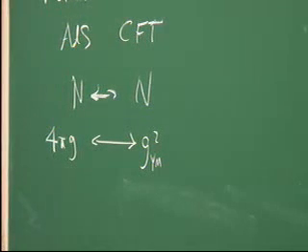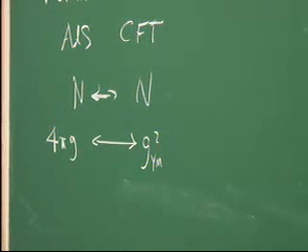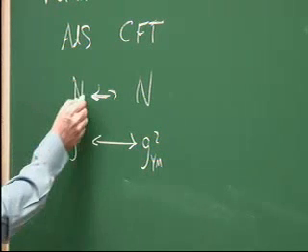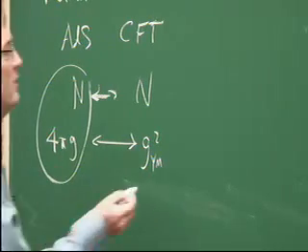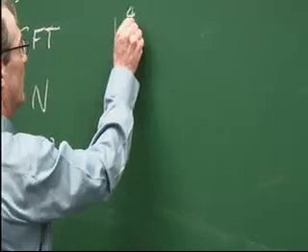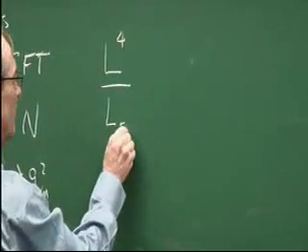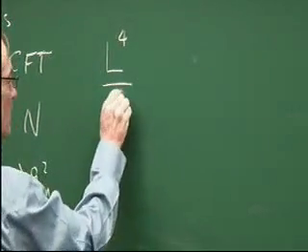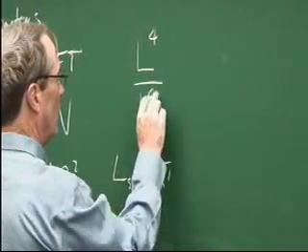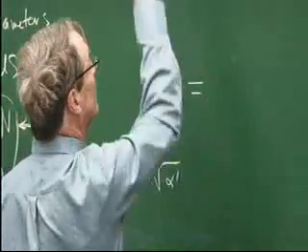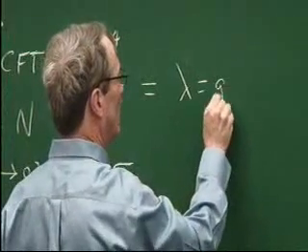There's another way to characterize this on the AdS side, which is if you go back through the definitions, the ratio of the AdS scale to the string scale, where the string scale is just the square root of alpha prime, is exactly lambda, which is g_YM squared N.